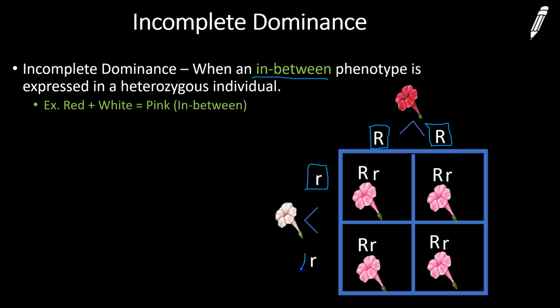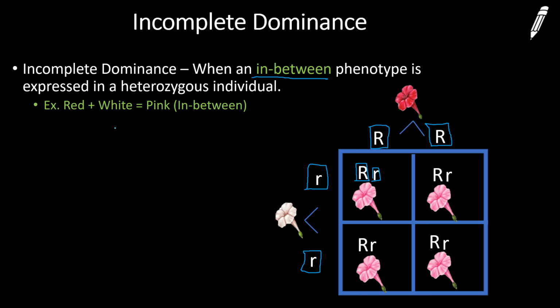So this one does not get any red pigment. However, the pink flower has 1 trait to produce that red pigment, and the other one is broken. So it's only getting half of that pigment. So it comes out lighter. It's not as rich. So again, in incomplete dominance, you get a trait that's in between. Think red mixed with white gives you pink.